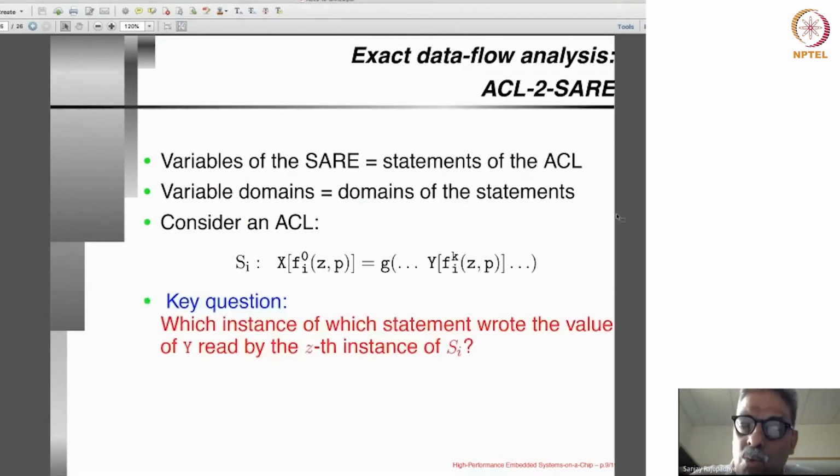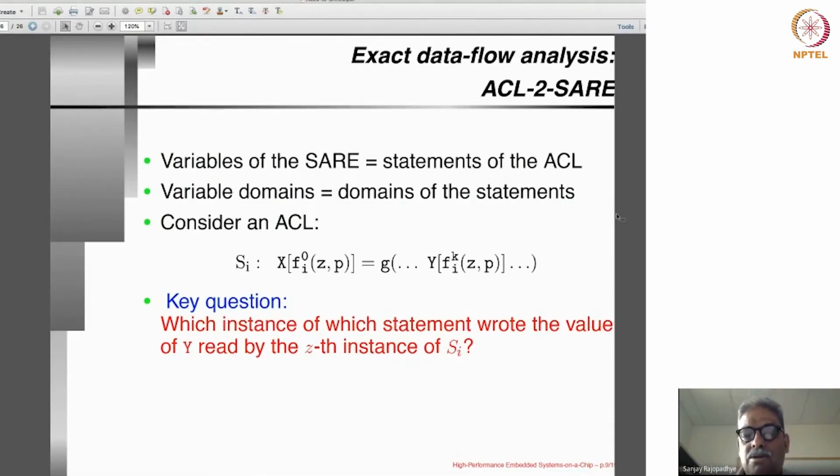Which instance or which statement wrote the value of Y that is being read by the zth instance of statement Si? That's our key question. And you want this answer as a function of Z. For different Z, the answer is going to be different. For Z near the boundary, you're going to get something else. For Z sufficiently far from the boundary, you may get something else.